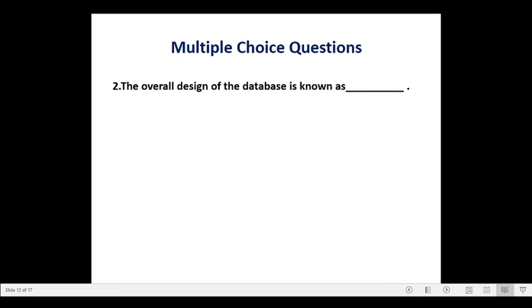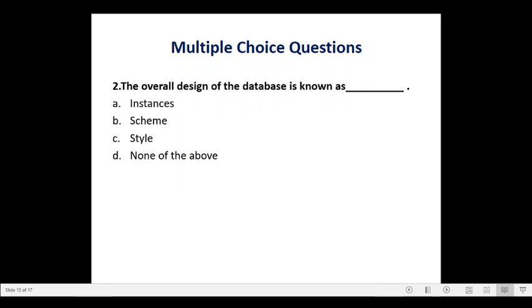The next question is, the overall design of the database is known as? Let's see the options: instances, schema, style, and none of the above. We have not come across anything like style in the session. We came across 2 things, instances and schema.